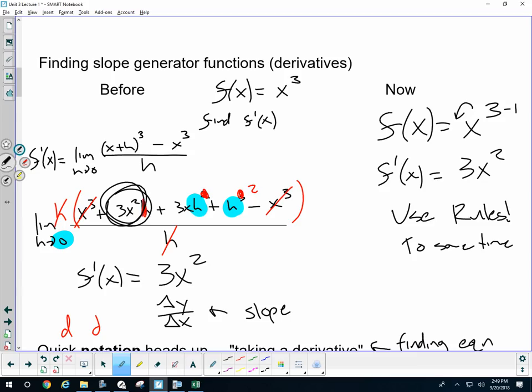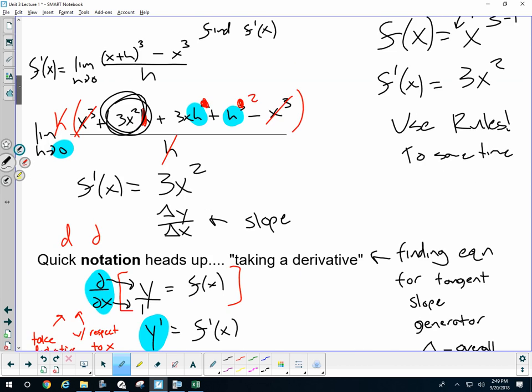Okay, but you see why it's the 3x squared? It's because when I distribute everything, I have all of these repeated terms, and I'd end up with 3x squared h's. Factor out an h, I have that 3x squared, which is left over. Okay, so that's where that coefficient comes from.